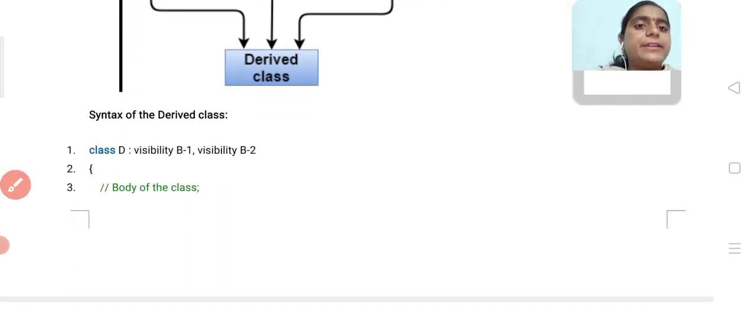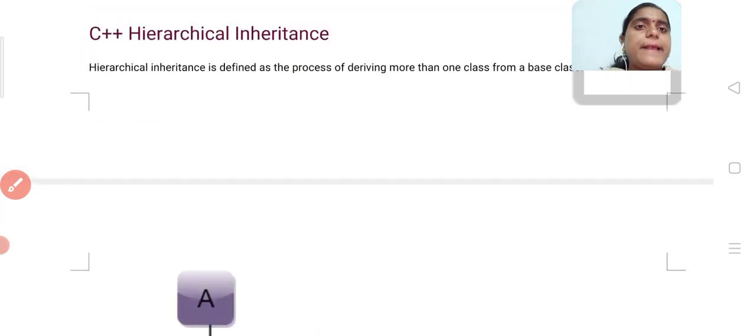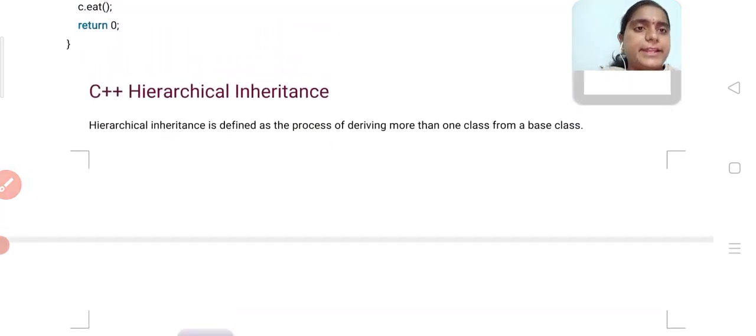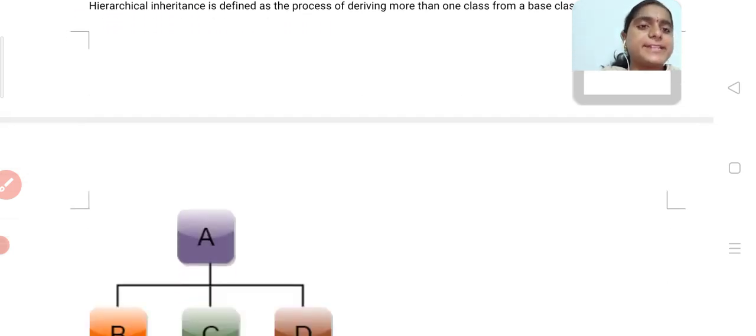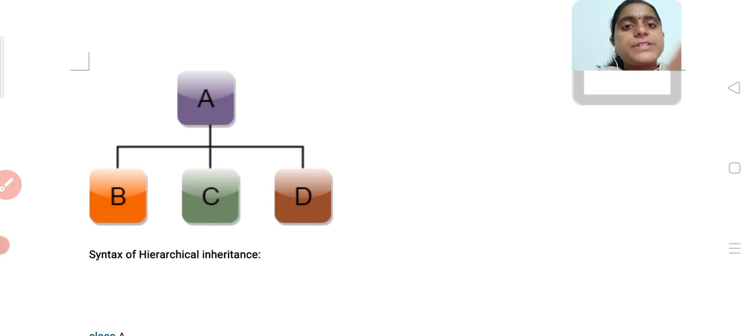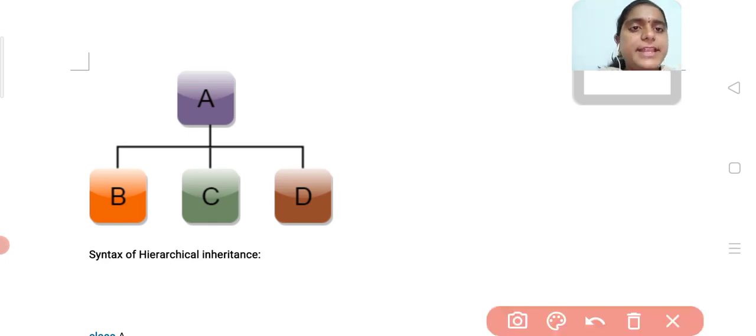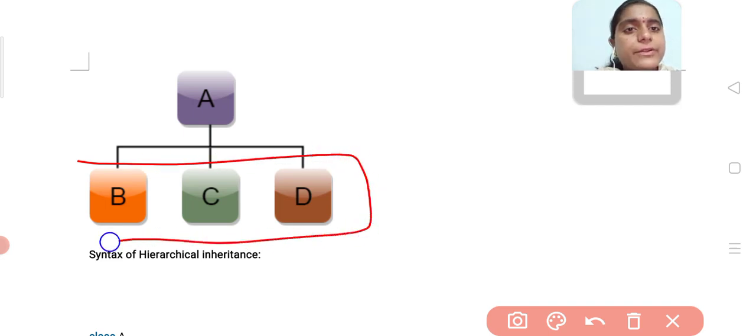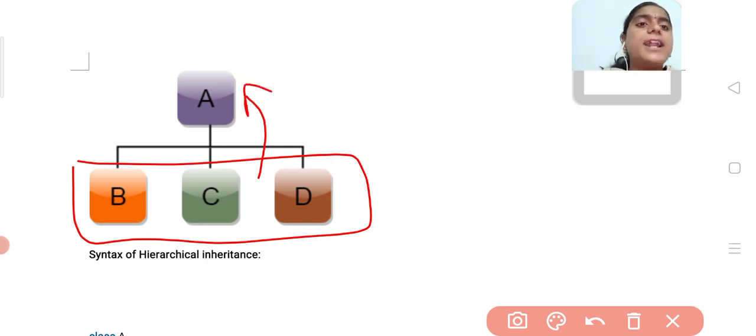And next one is hierarchical inheritance. Hierarchical inheritance is the process of deriving more than one class from a base class. Okay, it is opposite to multiple inheritance. See here, if three or more child classes inherit the properties from a single base class, then it is called hierarchical inheritance.